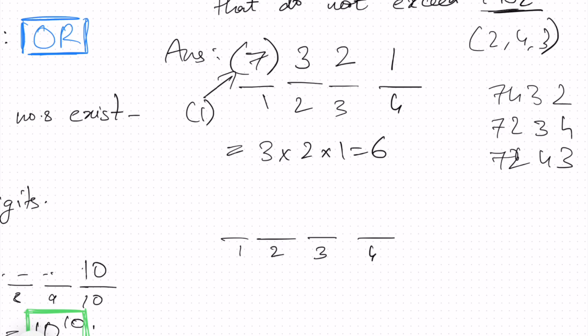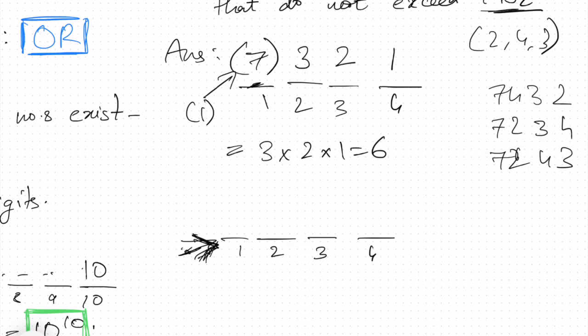Now, because I've already found the number of ways for the case where 7 falls in the thousands place, the second case that I'm considering here is that 7 will fall anywhere but in the thousands place.